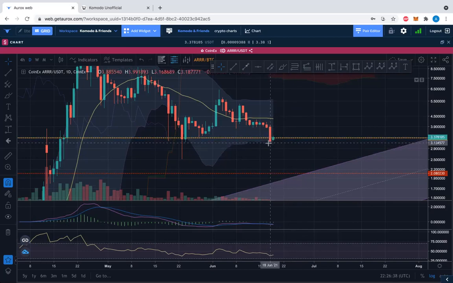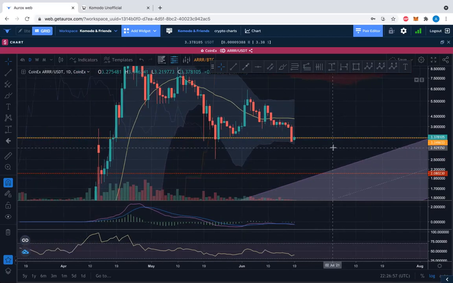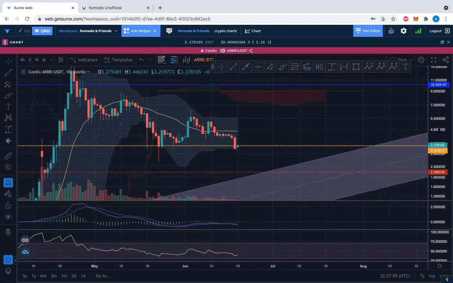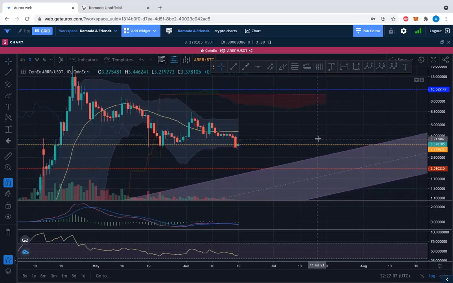In terms of the price, it has come down to the lower end of the Bollinger Band, and that means if it is going to be breached, yep, we are having a possibility of moving down towards the $2 level and finding a new level of support. Indeed, we are getting close to the channel that was created. You can look at previous videos with that, but it's basically from the previous up and down move.